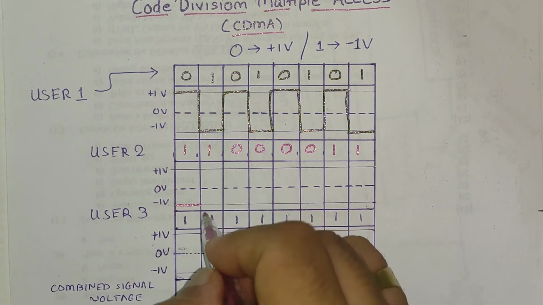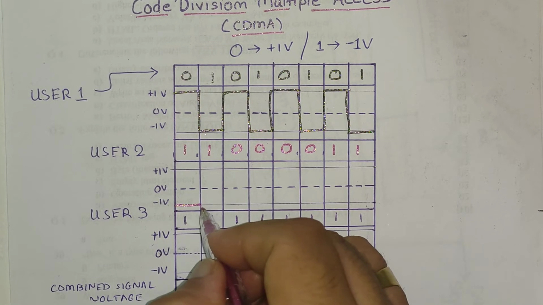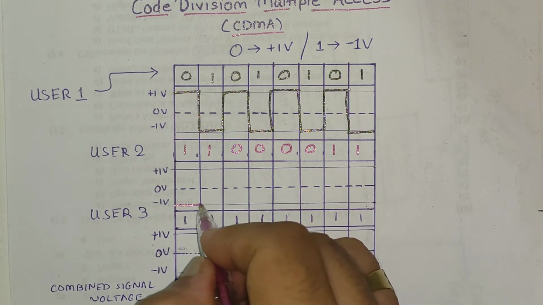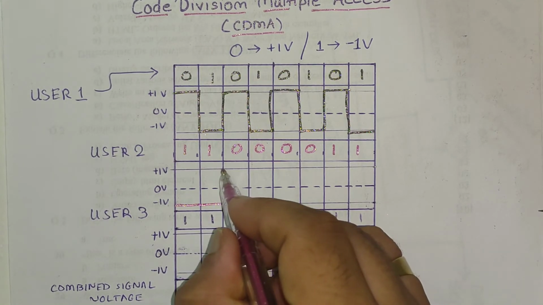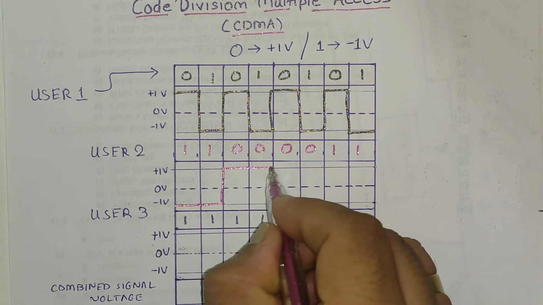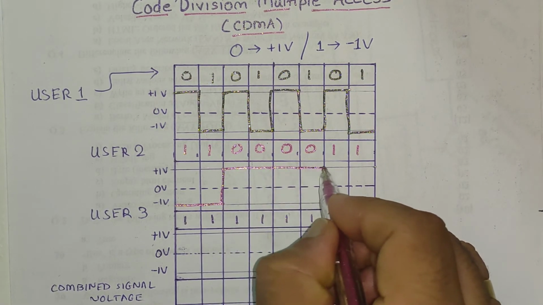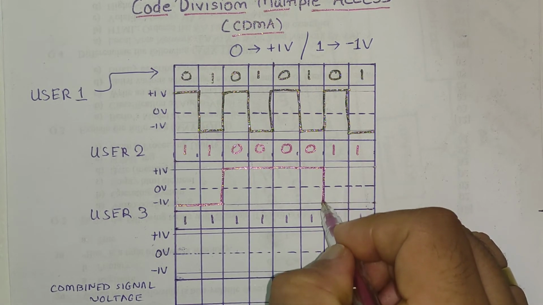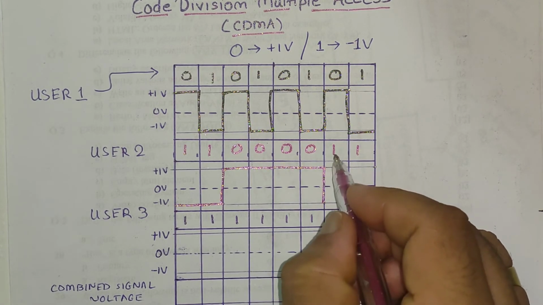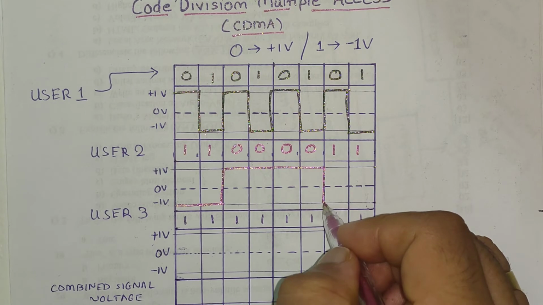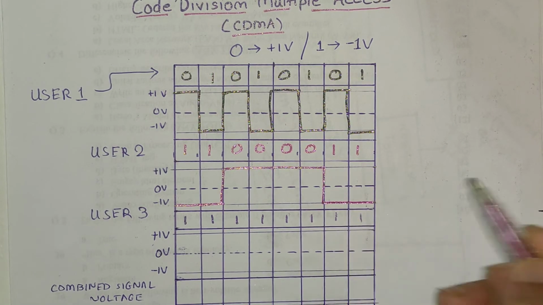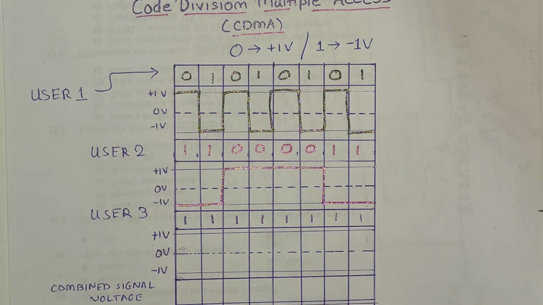Again I'm having bit 1, so I'm going to represent the same with minus 1 voltage level. Now I want to represent 0, so I'll be going back to plus 1, plus 1, plus 1, plus 1, right? And then again I want to transmit data bit 1, so this is how the signal would look like in that case.